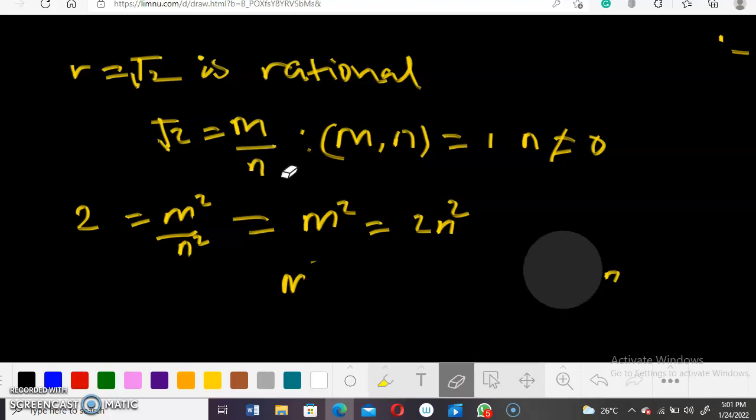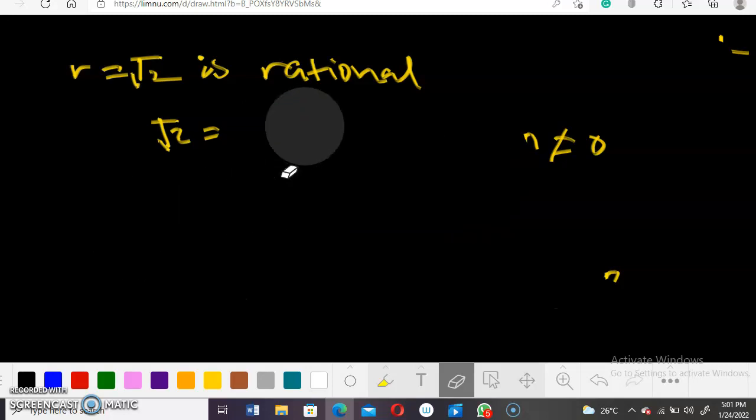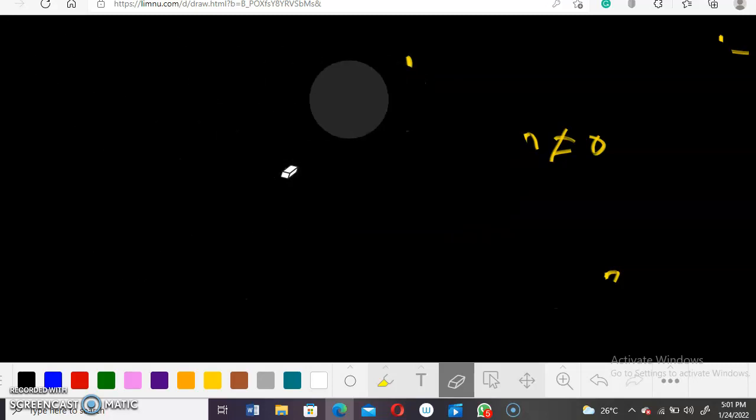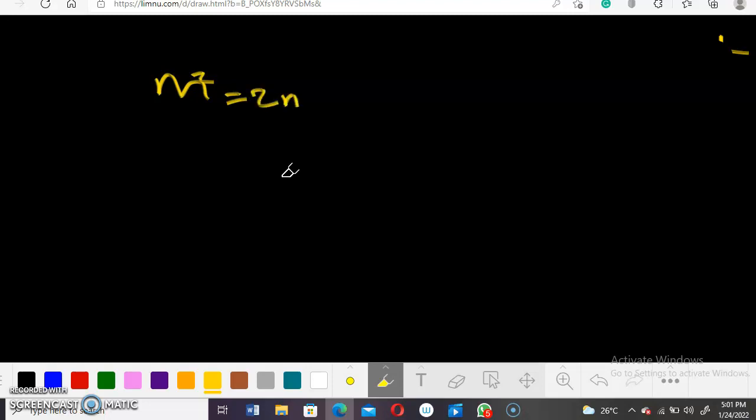We are saying that m squared is equal to 2n squared, which is equal to 2k squared.